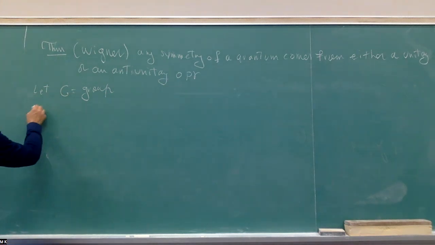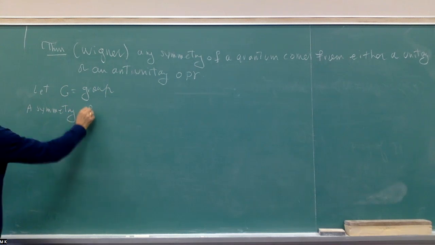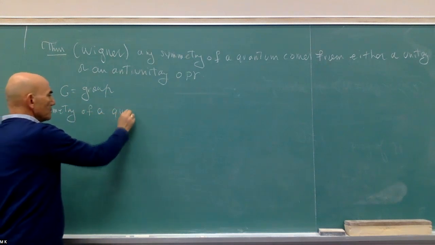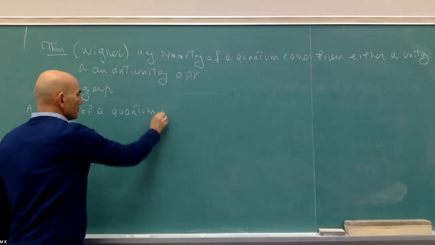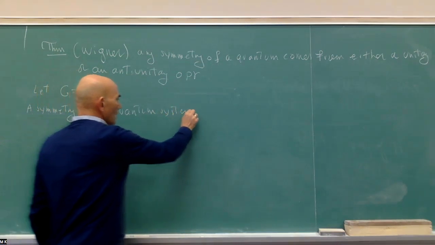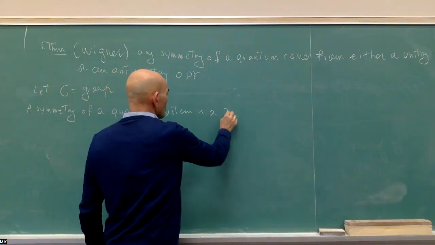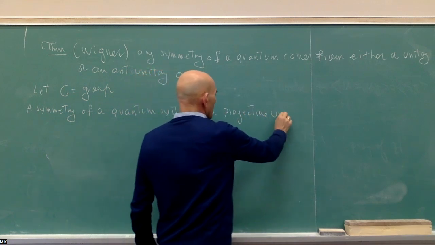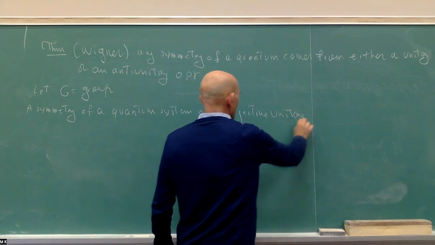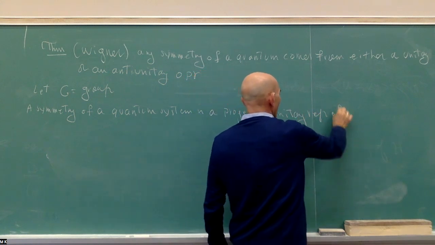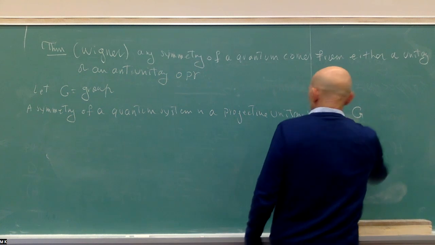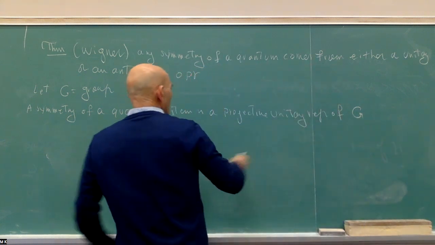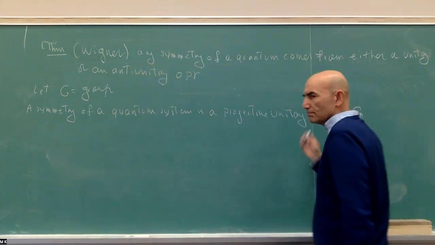So a symmetry of a quantum system is a projective unitary rep of G. Or, I mean, for some G, right?